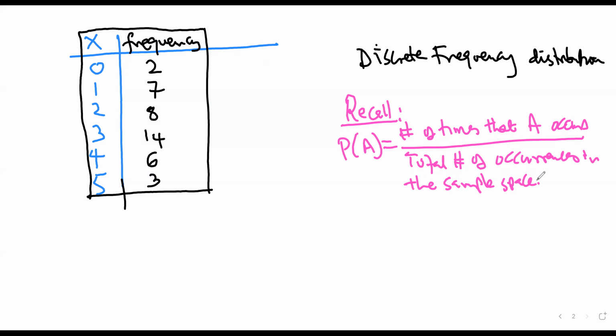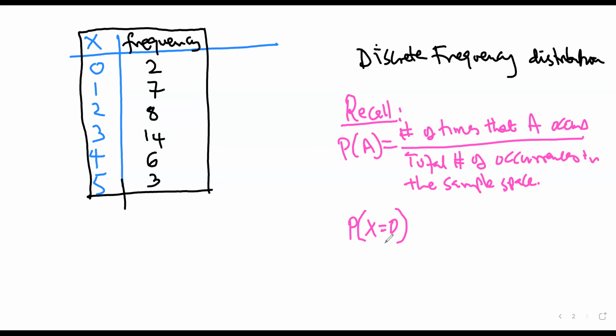Of course, in this scenario, we're assuming that the outcomes in the sample space are equally likely. They have equal likelihood. Okay, so for instance, we may want to find the probability that a given family has no children.